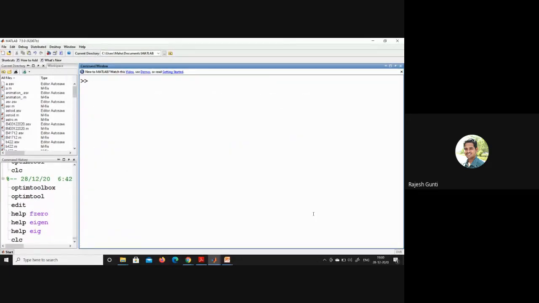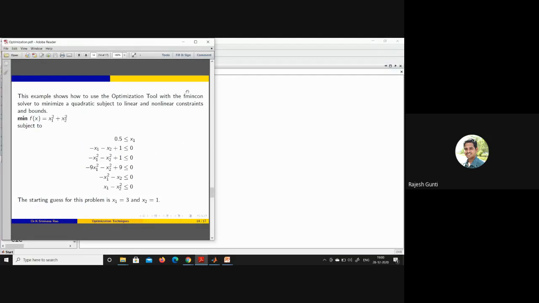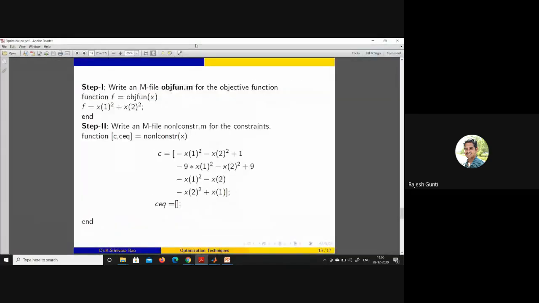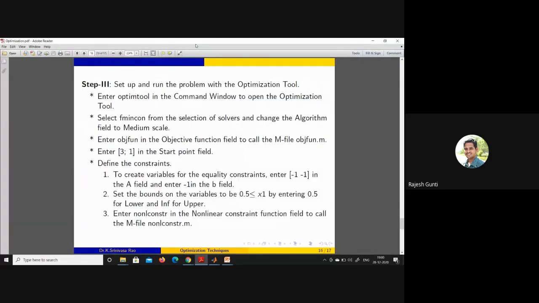Okay. Now I am going to solve another problem. This complete description I have given here. Set up the optimization window. Enter optimtool in the command window to open the optimization tool.